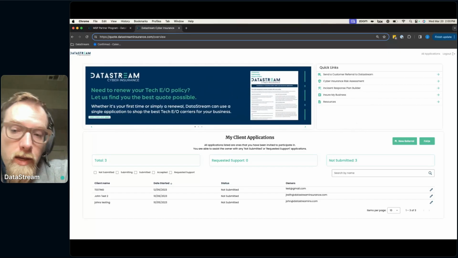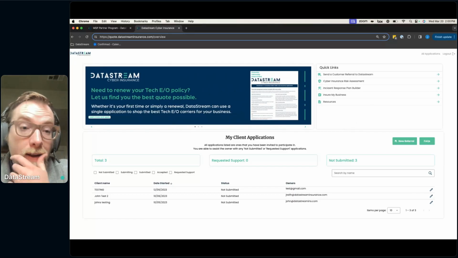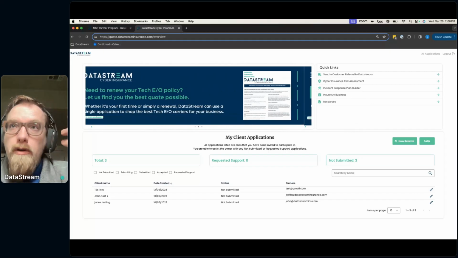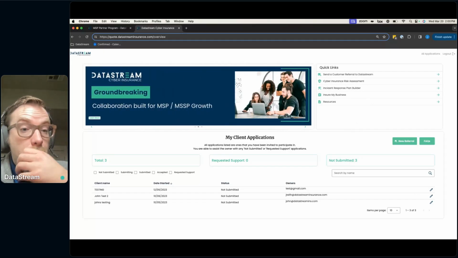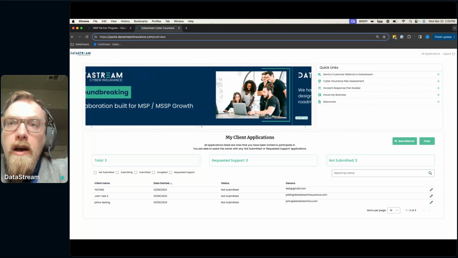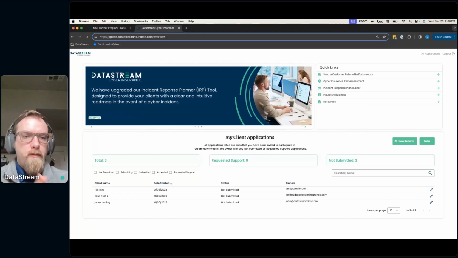Particularly, incident response plans are popping up more and more. It's one of the reasons you will find our incident response plan builder in our partner portal. We actually created that for that very reason. We started seeing it pop up on some of our carriers' questionnaires, and so we wanted to at least have an answer for that for some of our customers.